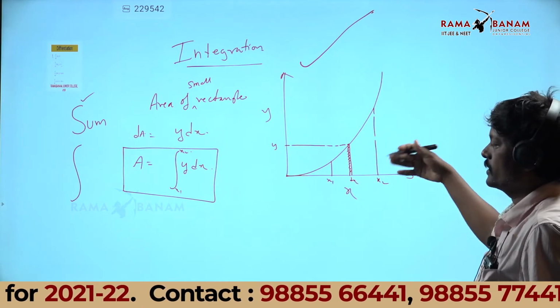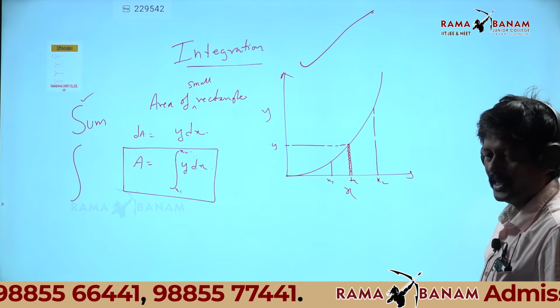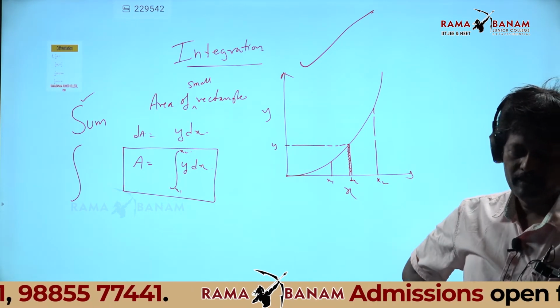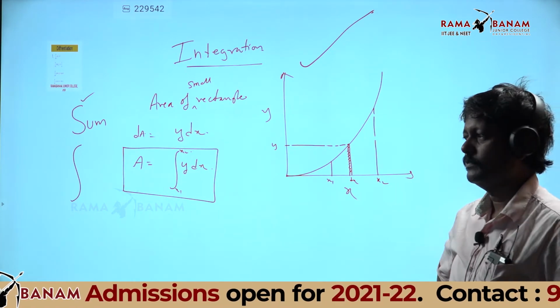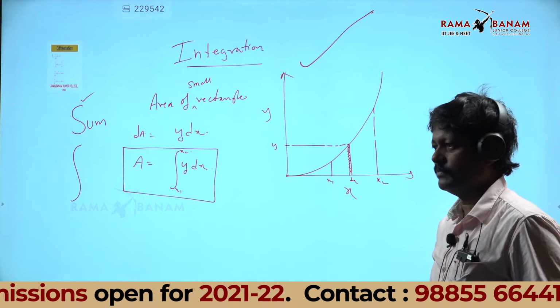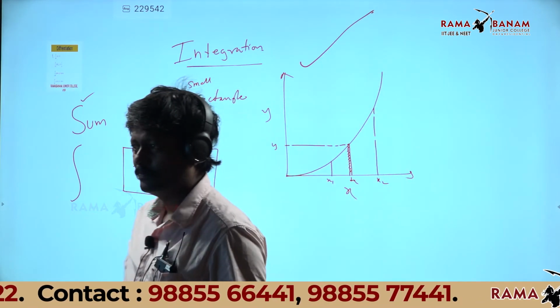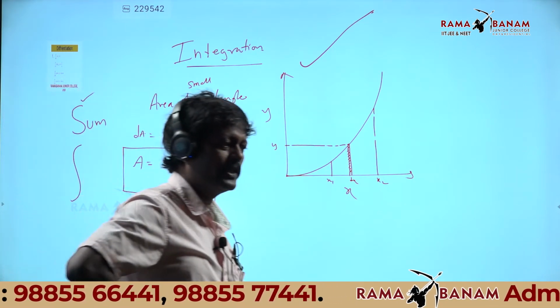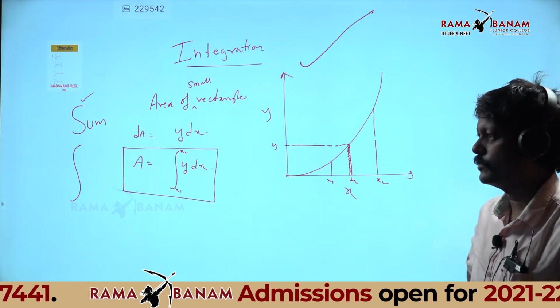Then only you can understand the remaining part. I will give some formulas, and the remaining I will give as a list that you can learn by heart, which is used for physics. You need not learn all the formulas which are there in mathematics. Whatever formulas for integration are required in physics, only that I will give you, and that you can learn by heart.